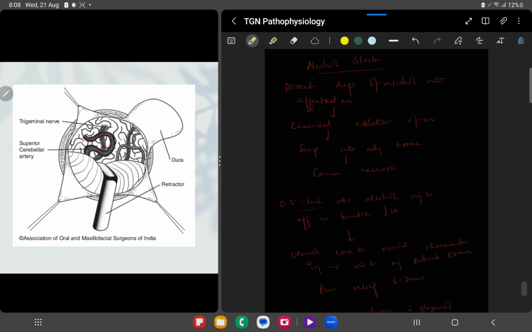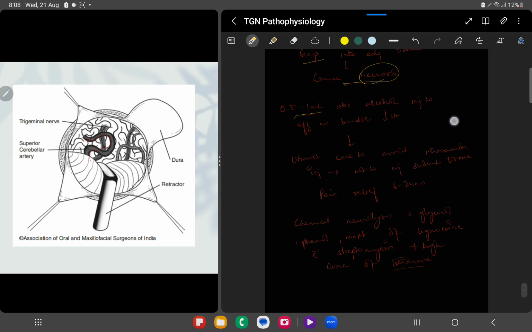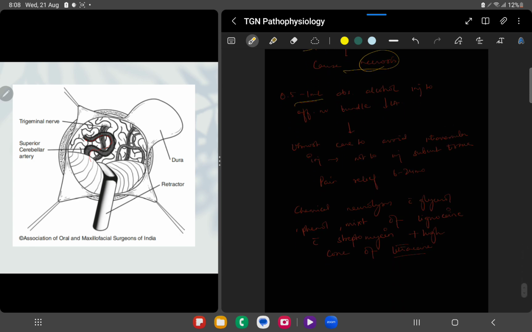Coming to the alcohol blockade, this involves direct deposition of alcohol into the affected nerve. There is chemical ablation of the nerve, and the alcohol then seeps into adjacent tissue and causes necrosis. 0.5 to 1 ml of absolute alcohol is sent into the area.